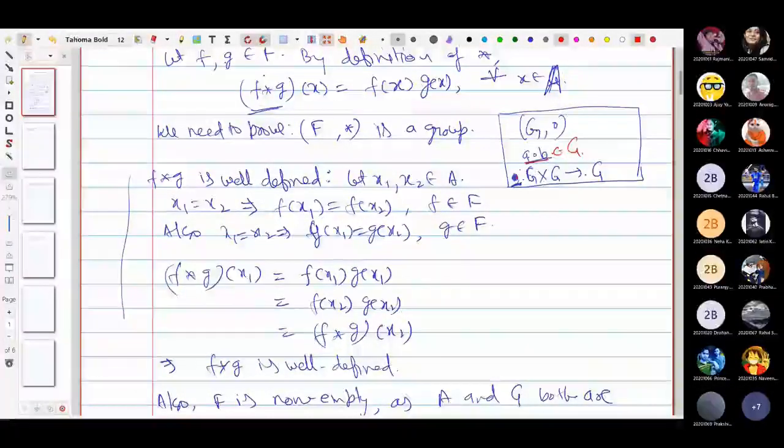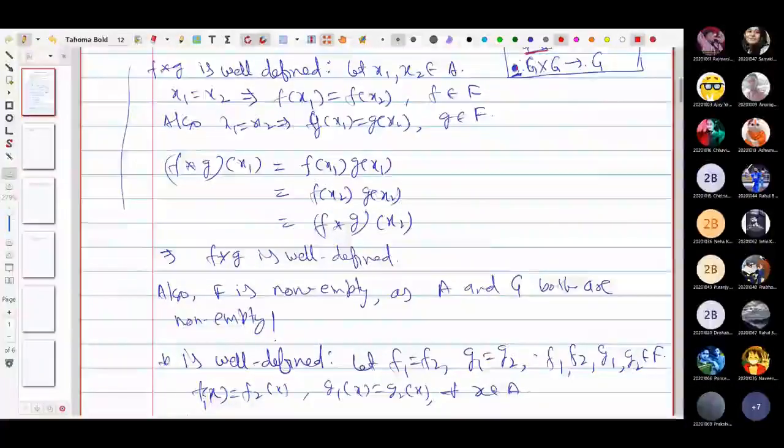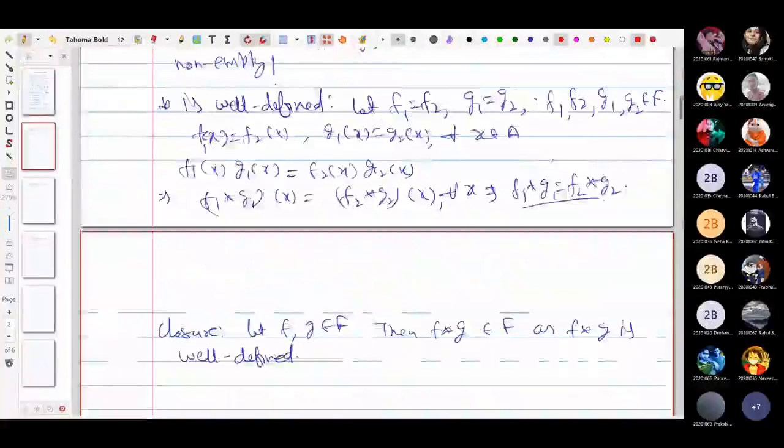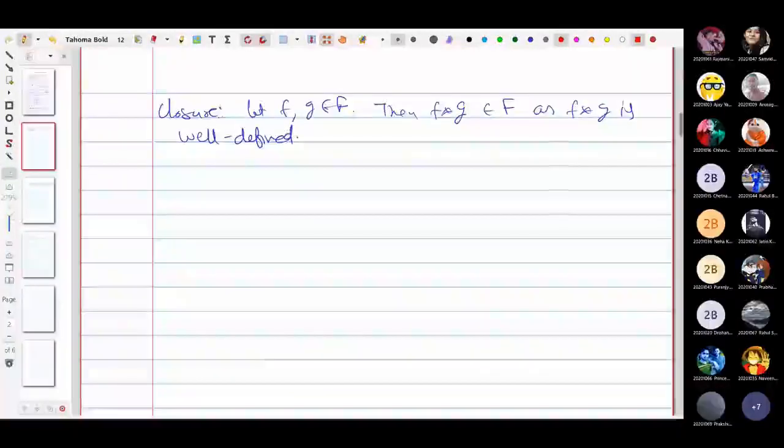So f star g is a function, generated from f and g, where f and g are both functions. Fine. So this is closed. And then what else do we need to prove? We need to prove this is associative.